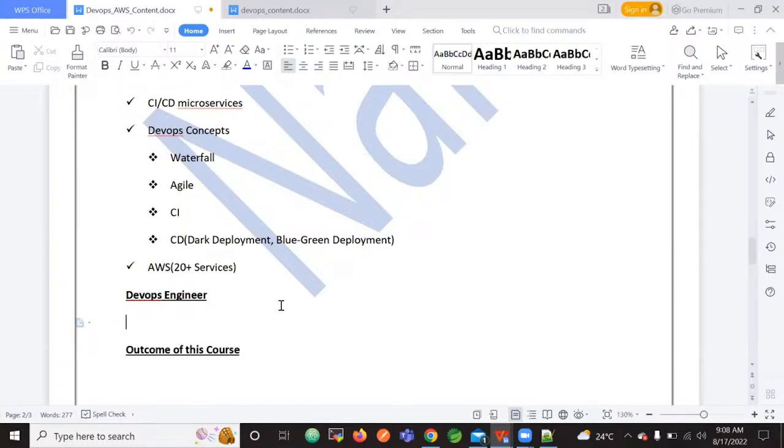Whatever source code we write, or our company writes, to deliver that source code as an application very fast, we will go for the CI/CD concept. But the CI/CD concept would mostly be for application deployments. The application, correct: continuous integration, continuous delivery or deployment. It is related to applications.